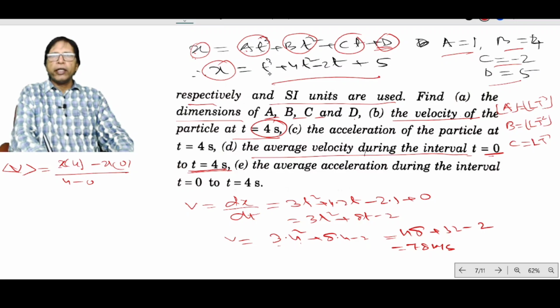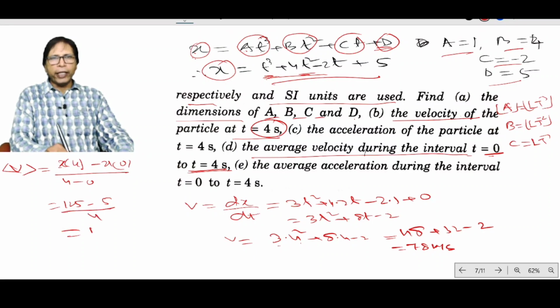If we put t equal to 4, we get 64 plus 64, 128, minus 8, so 120, so this is 125. And if you put t equal to 0 you get 5, so minus 5, divided by 4. So this is 120 by 4, which is 30 meter per second.